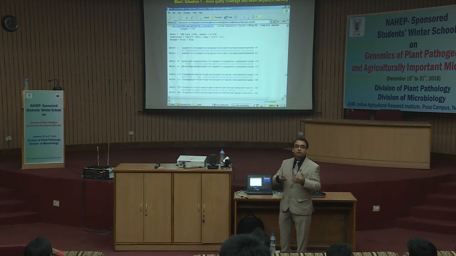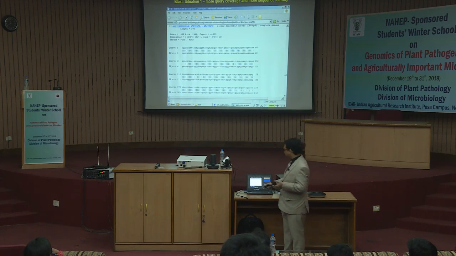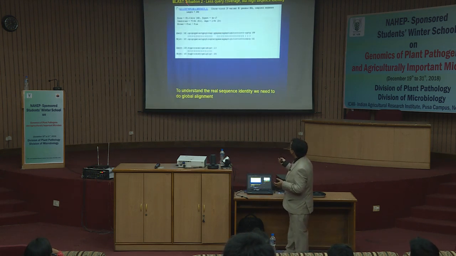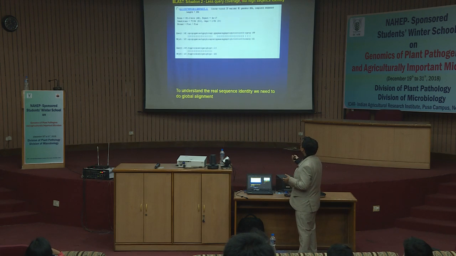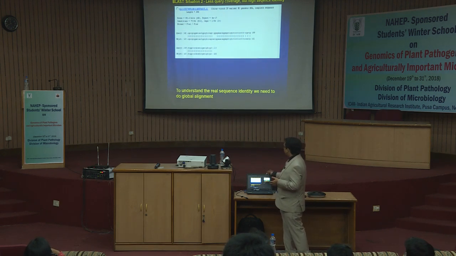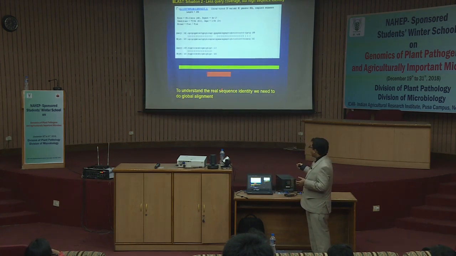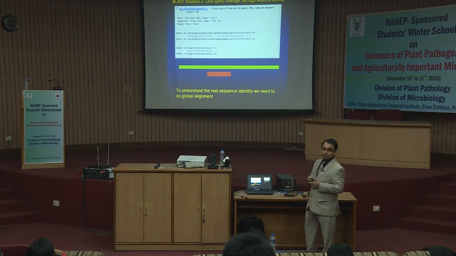So, these two sequences are probably homologous. But there may be a situation of low query coverage but high sequence identity. For example, these are the two sequences we have taken. This is the deposited sequence, and in the entire sequence only this stretch is matching, and this also shows 91% similarity.